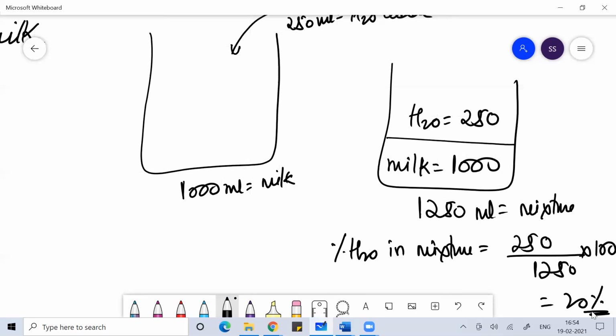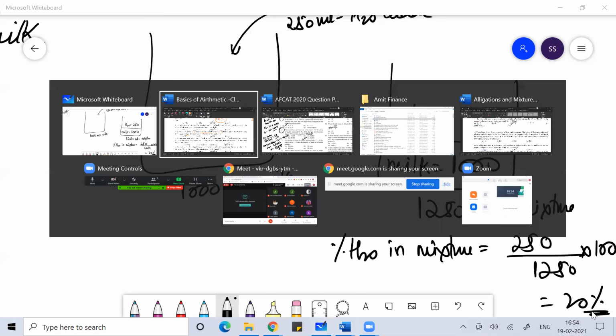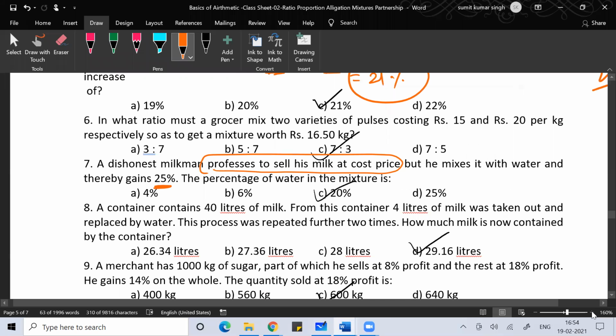If he's making X percent profit, it means he's adding X percent water. So if he's making 25% profit, he's adding 25% water into the milk. The milk was 1 liter, so if we add 250 ml water into that, the percentage of water in the mixture will be 20%. I hope you are understanding.